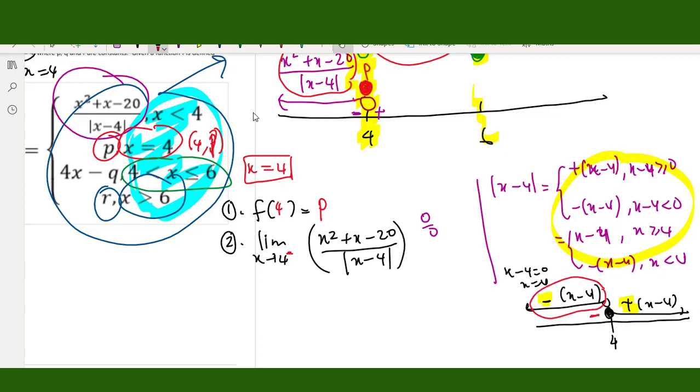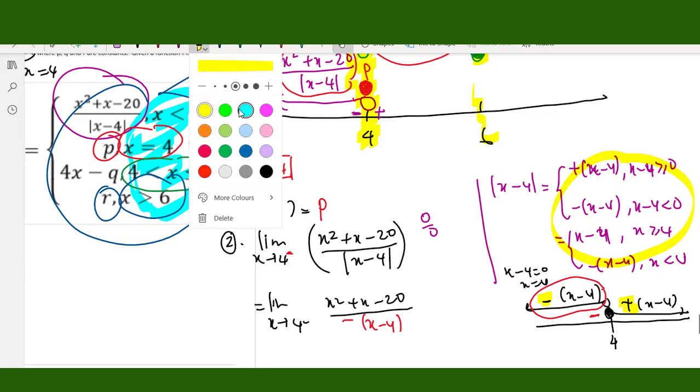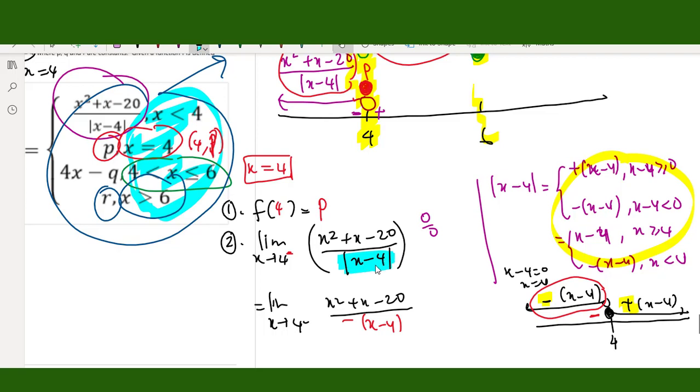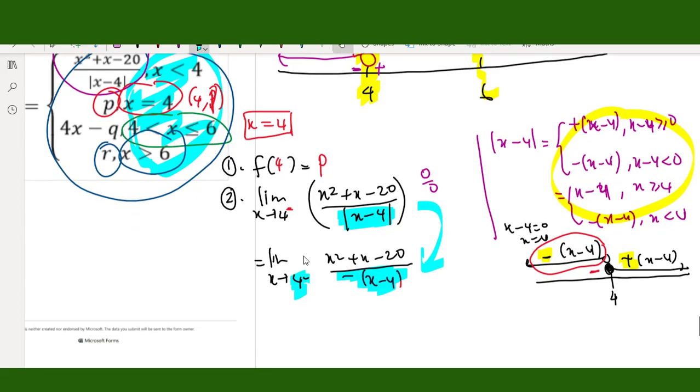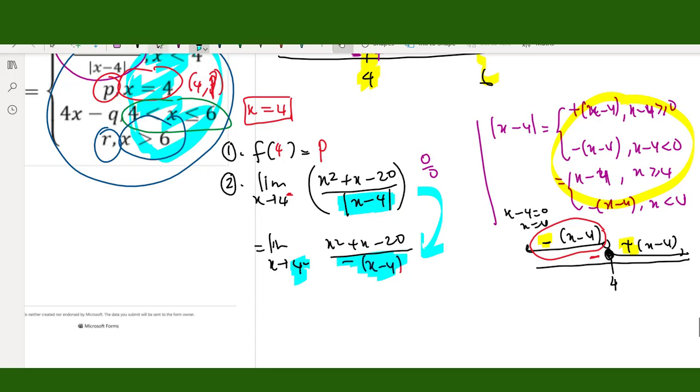So now we're going to find the limit as x approaches 4 from the left. The function is x squared plus x minus 20 over, take this one, negative x minus 4. The modulus x minus 4 changes to negative x minus 4, according to the definition, for 4 from the left.